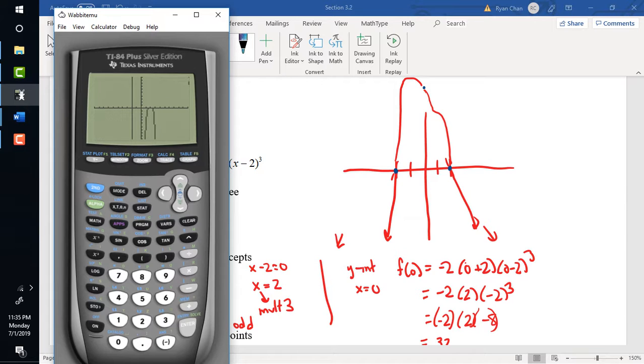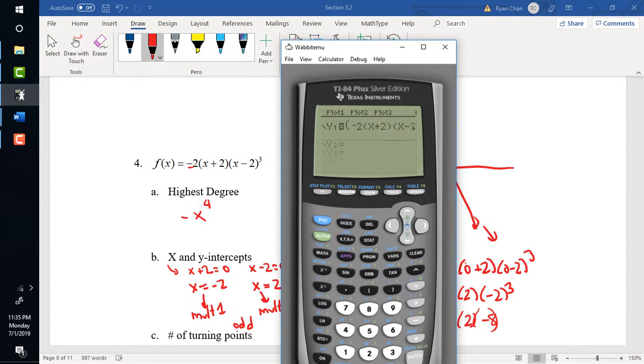let's graph. Wait, did I? Sorry. Oh, whoops, sorry. x plus 2, x minus 2. Let me do zoom fit.